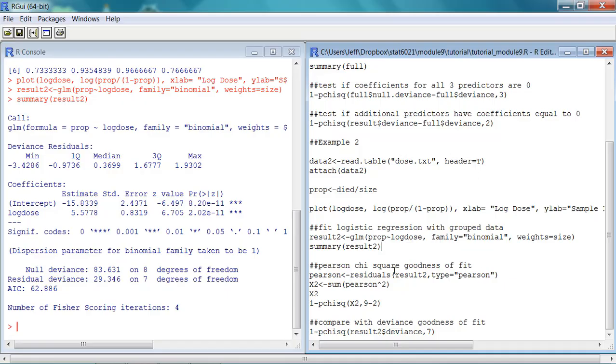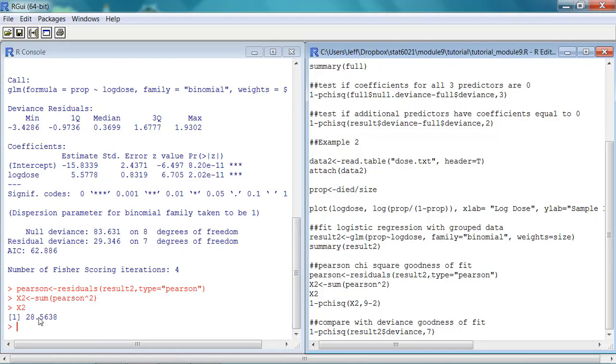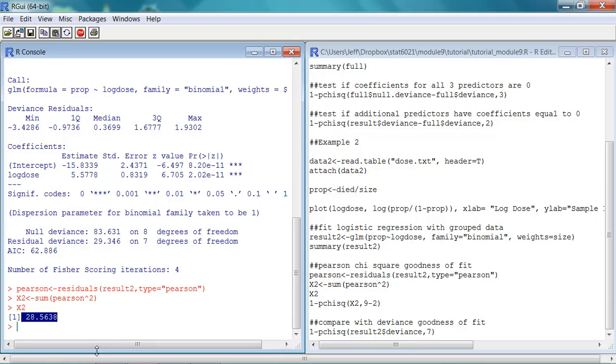For the Pearson chi-square goodness of fit test, we just need the residuals from our GLM model of the Pearson type. We're going to store all of these inside pearson, and the test statistic is just going to be the sum of these squared Pearson residuals. We can see the test statistic is 28.